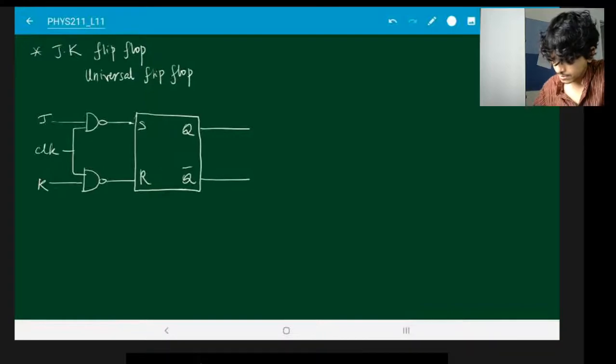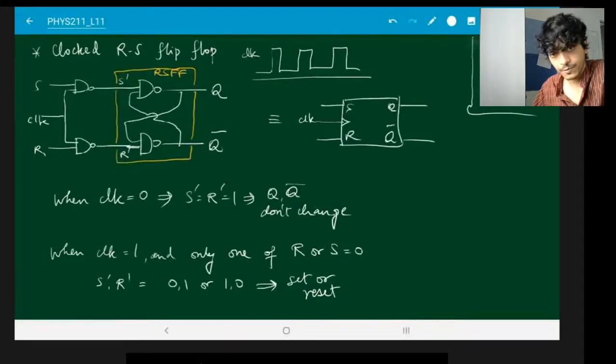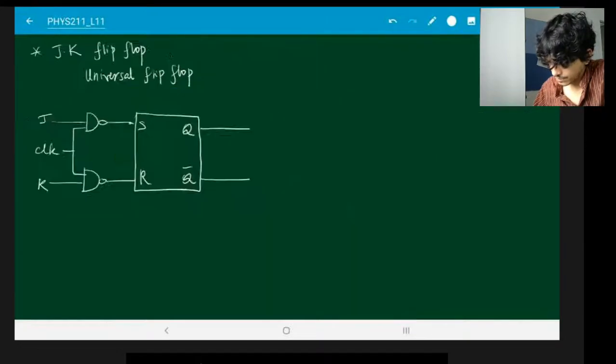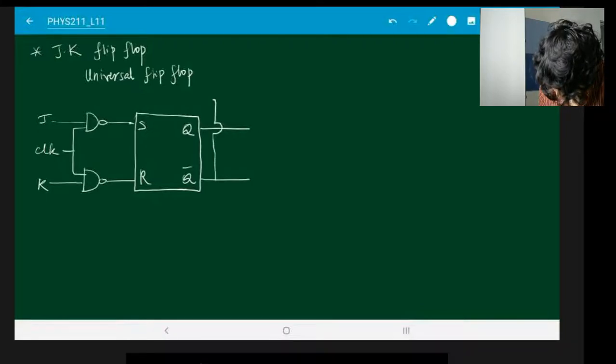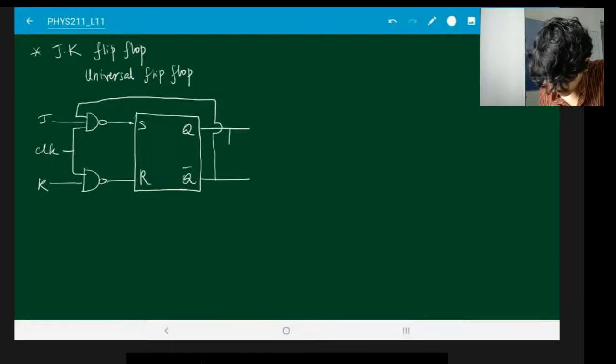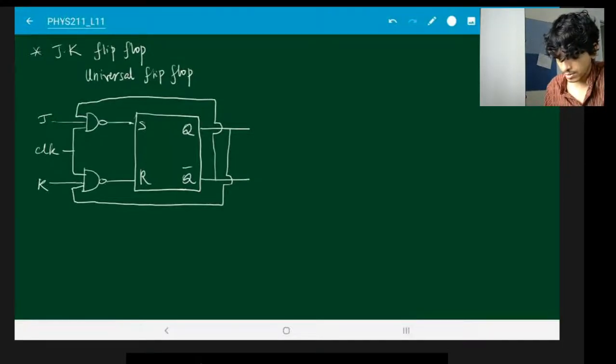So far this is exactly like the clocked RS flip-flop. Now here comes the difference. What we are going to do is take feedback from the output to the initial NAND gate. So from Q bar, we will come here, and from Q, we will come here. So these are actually 3-input NAND gates.